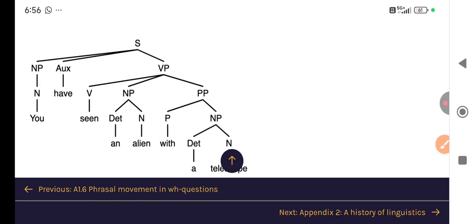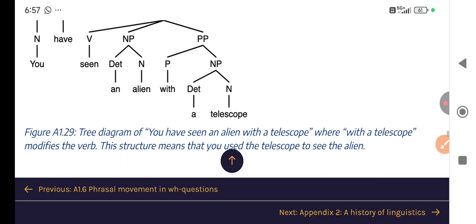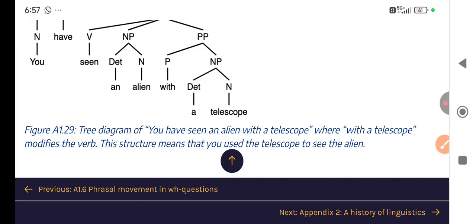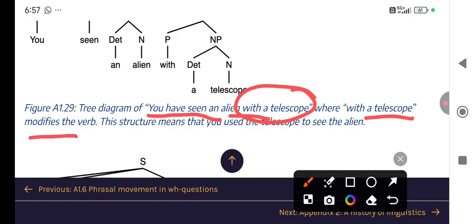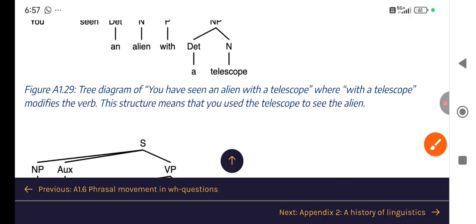Okay, suppose this is the sentence. Let me read it out: You have seen an alien with a telescope, where with a telescope modifies the verb seen. This structure means that you use the telescope to see the alien.